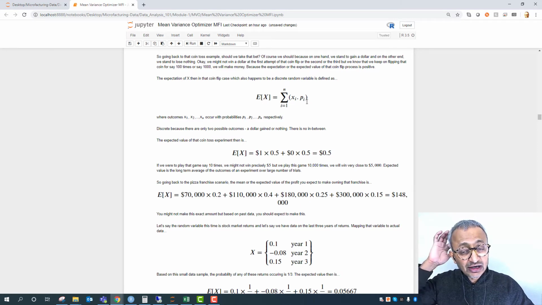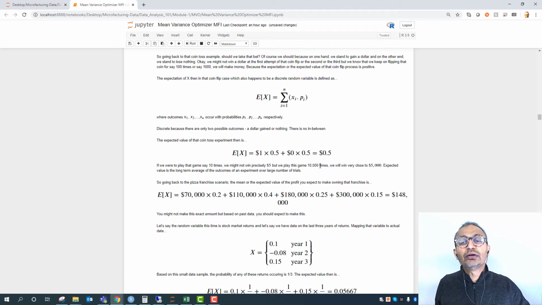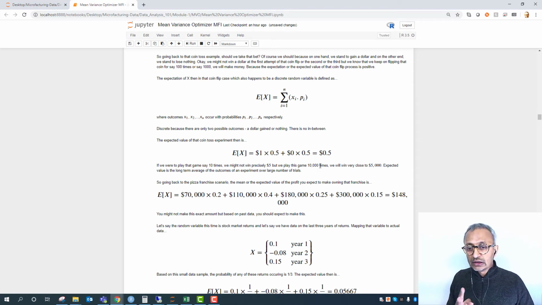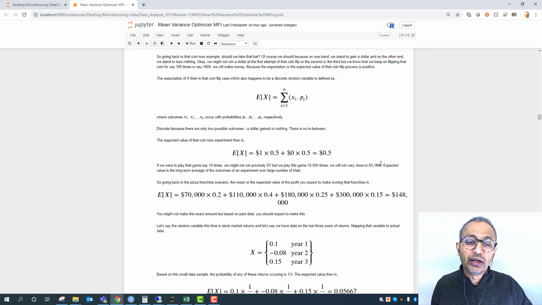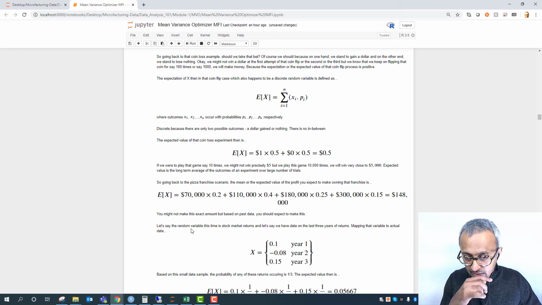If you keep repeating it 10 times, depending upon what you get, you might not get exactly $5, but if you were to repeat that say 10,000 times, you know that the odds of equal heads and equal tails are going to be very, very likely, and you're going to be very close to $5,000 of win, right? So expected value is basically the long-term average of the outcome of an experiment over a large number of trials. Every time you flip a coin, that's a trial, right?